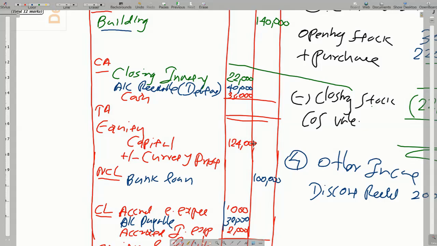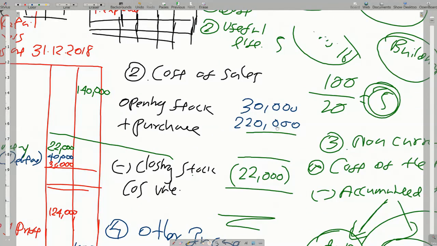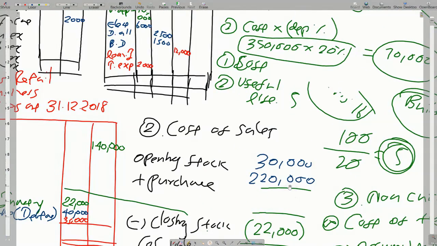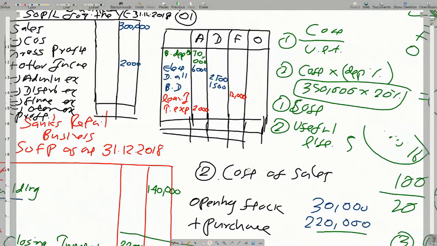What we are required to do is first prepare our statement of profit or loss. In order to settle our statement of profit or loss, first of all we are required to do our pre-working. Here we have the expenditure table.